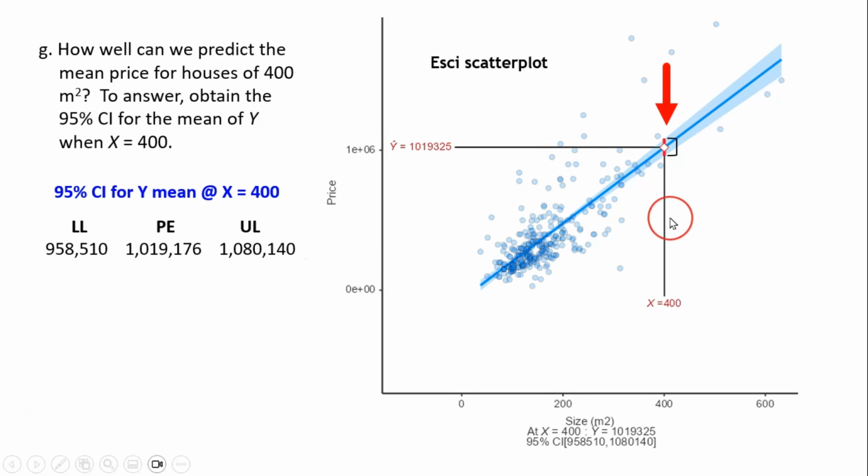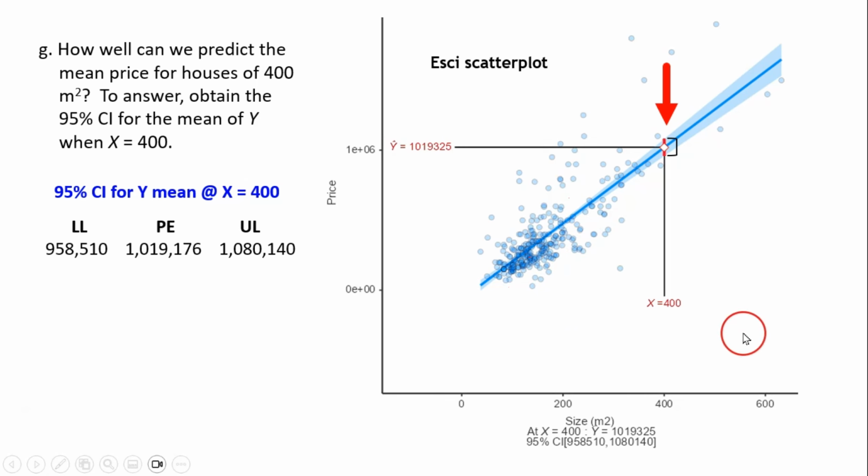The other thing not shown before is the light blue shaded area around the dark blue regression line. That is essentially the confidence interval around the regression line for all points of x.